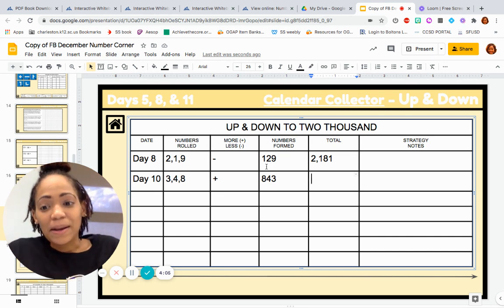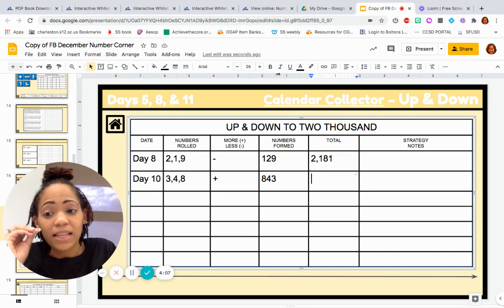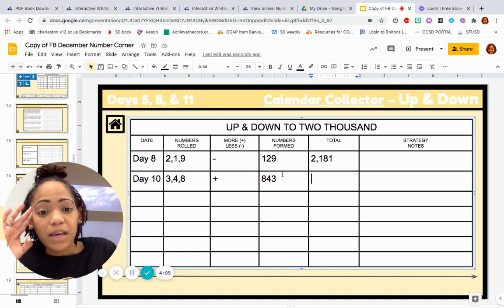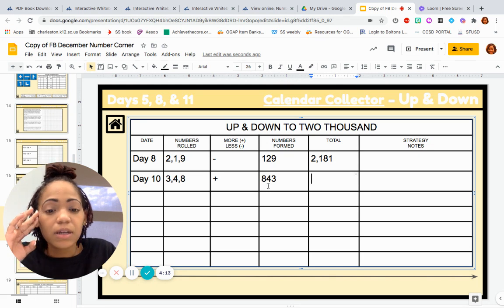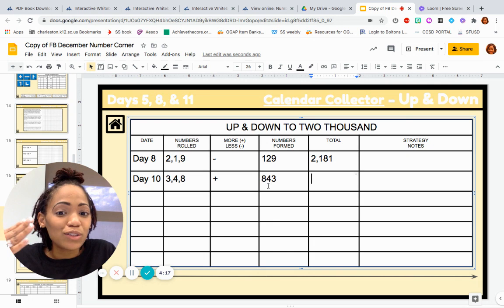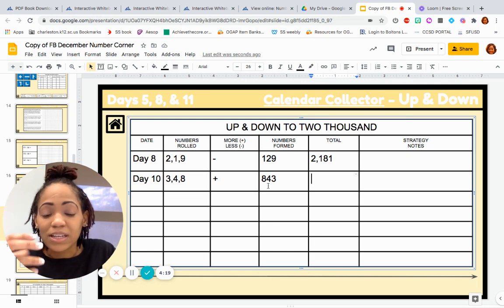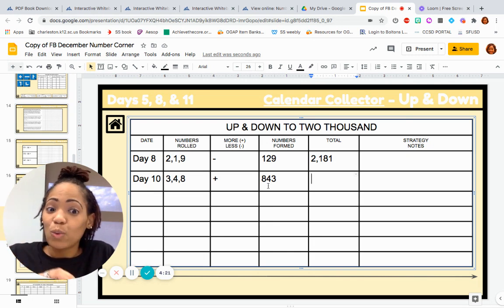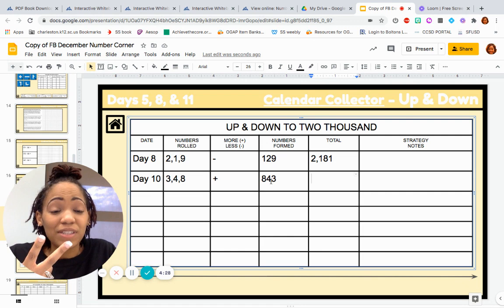All right, so I'm going to chunk it and I'm going to work it out kind of like what I would do in my head. I have 800 plus 100 is 2,981, plus I have 40, and so that's actually going to put me into the 3,000s. So now I have 3,021. Y'all see that? Because 8 tens plus 4 tens gives me 12 tens, which is really 120.